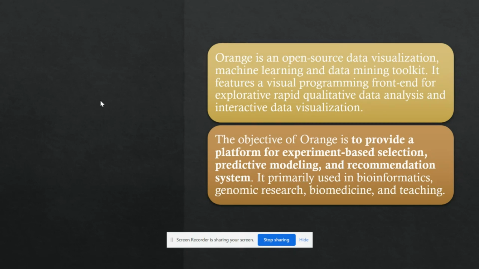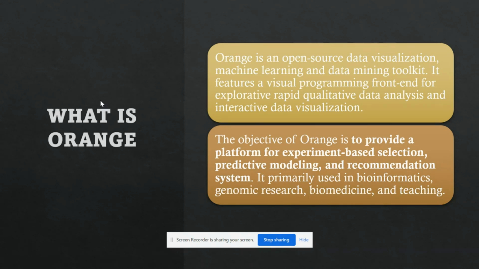We're going to calculate decision trees using Orange software. So what is Orange software? Orange is an open source data visualization, machine learning, and data mining toolkit. The objective of Orange is to provide a platform for experiment-based selection, predictive modeling, and recommender systems.